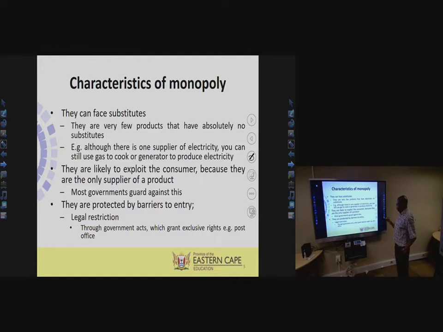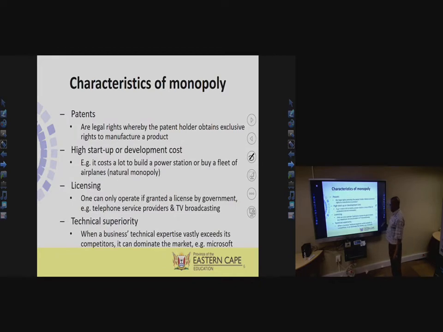Through those government acts which grant exclusive rights, e.g. post office, as I've said, also with ESCOM, at the moment they are the only suppliers of the electricity. As also post offices, then they were the only suppliers of that particular service.